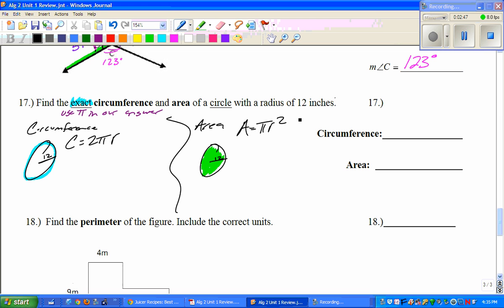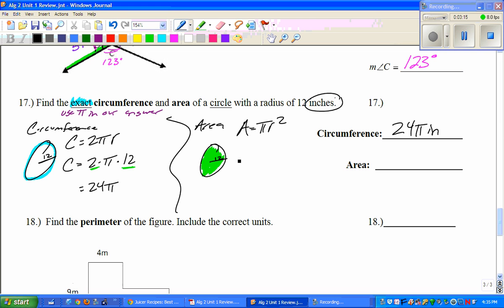The two different formulas: circumference equals 2 pi r, and area equals pi times radius squared. Now all we have to do is plug in the number. Circumference equals 2 times pi times 12. You can multiply in any order, so 2 times 12 is 24, and then we just leave the pi. We're talking about inches, so it's 24 pi inches.